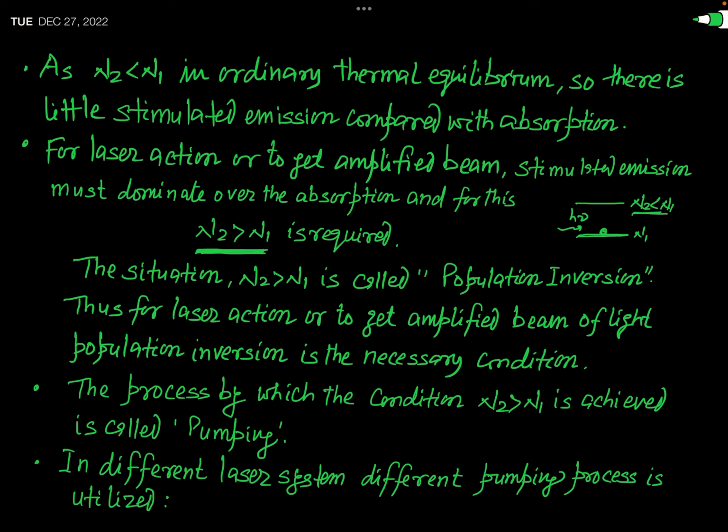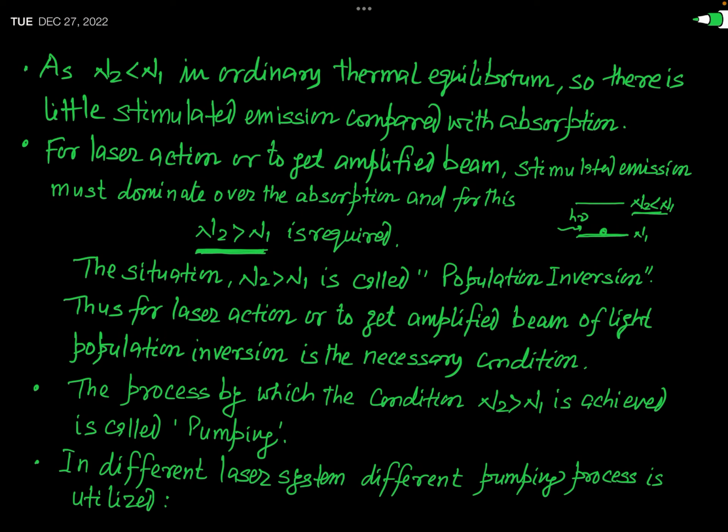It means the number of atoms per unit volume in the higher energy level should be greater than the number of atoms in the lower energy level. Although in normal condition the situation is just reverse, we have to achieve it.